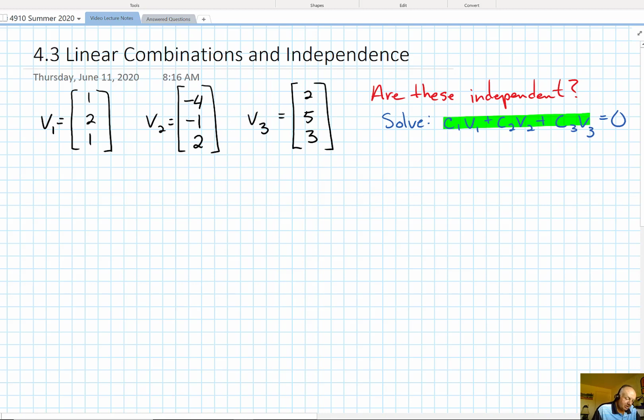But continuing on, if I want to solve this, I'll put in all the details here, but eventually we'll just go right to the end and I'll tell you where that is. Here's the equation in expanded form.